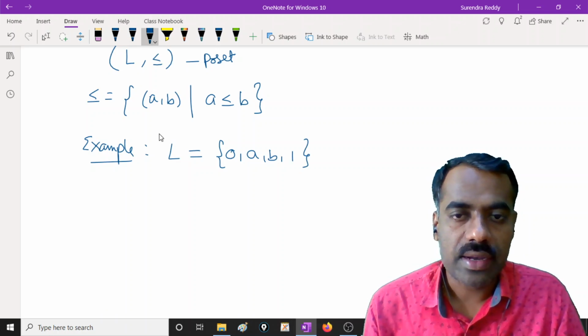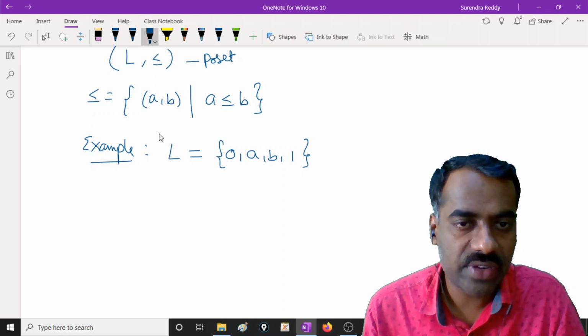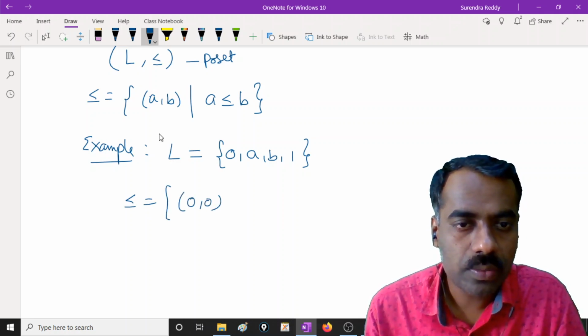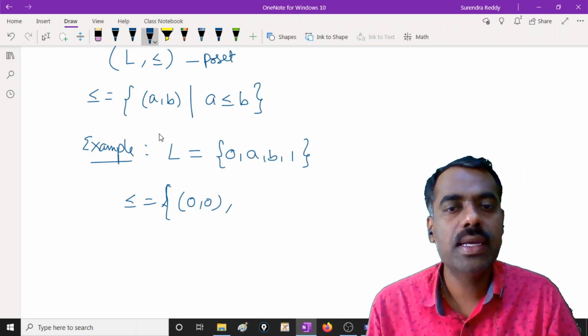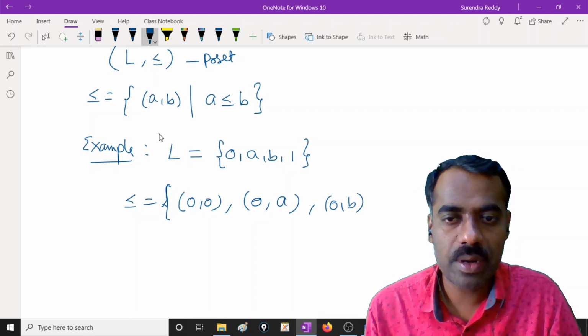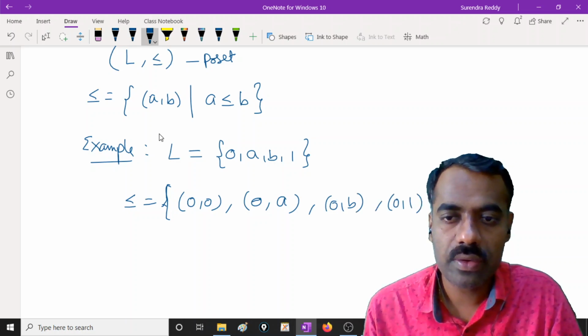then by the relation, if we write all this in this way: 0 comma 0, yes, 0 is related to 0, and 0 is related to every element, 0 comma a, 0 comma b, then 0 comma 1.